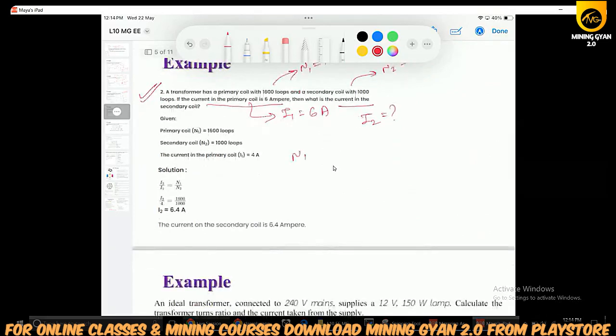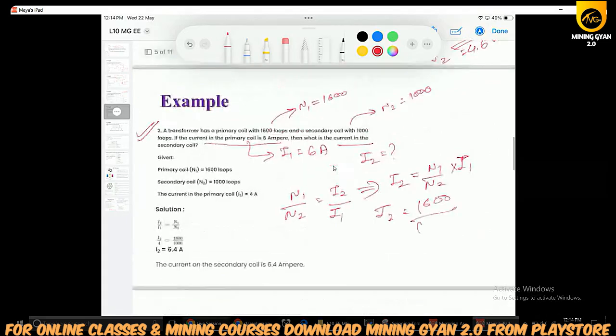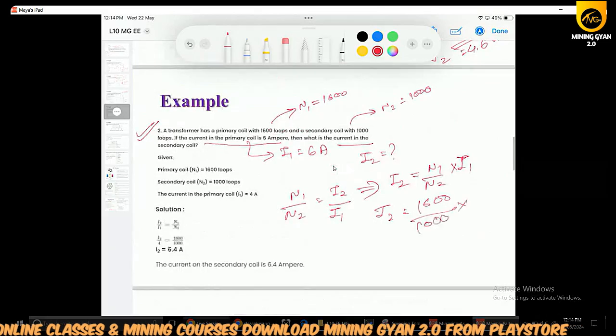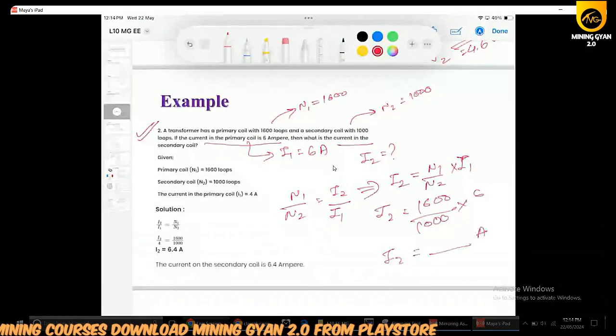You know that N1 by N2 equals I2 by I1 using the turns ratio. So I2 will be N1 by N2 into I1, that is 1600 divided by 1000 into 6. So I2 will be that much ampere, and that is the answer.